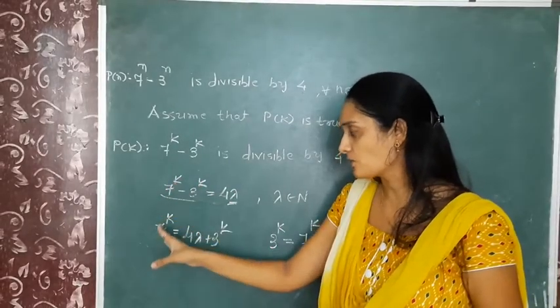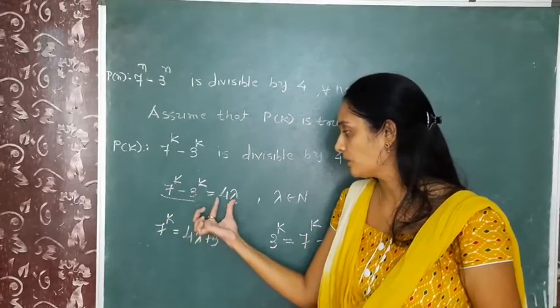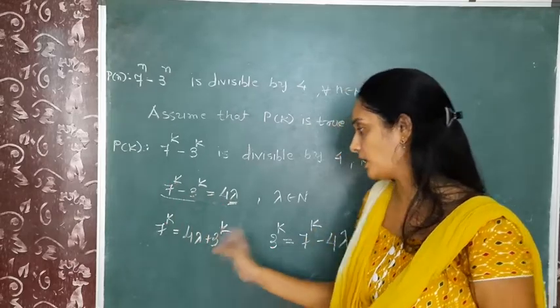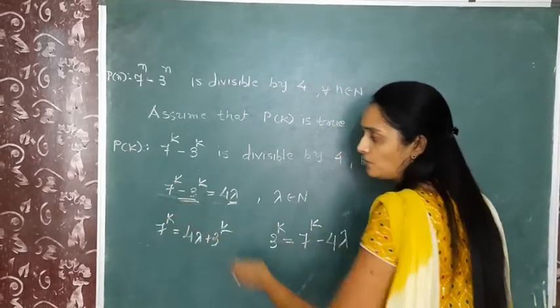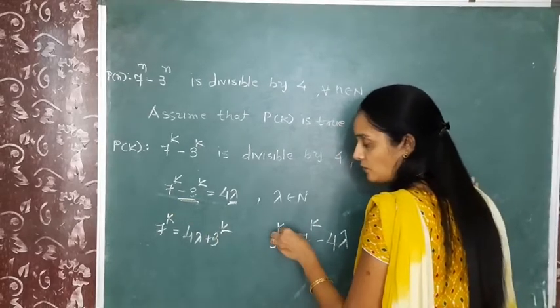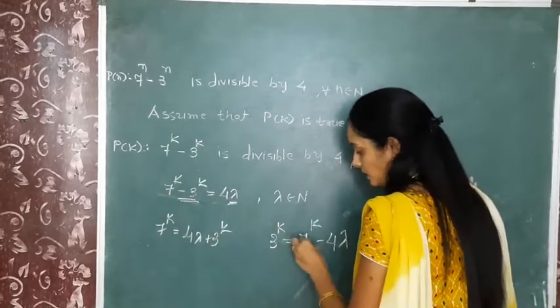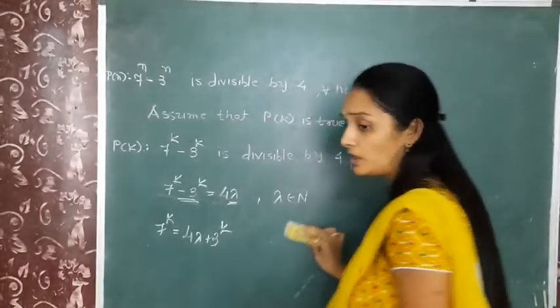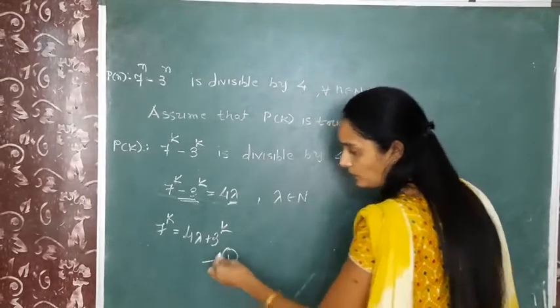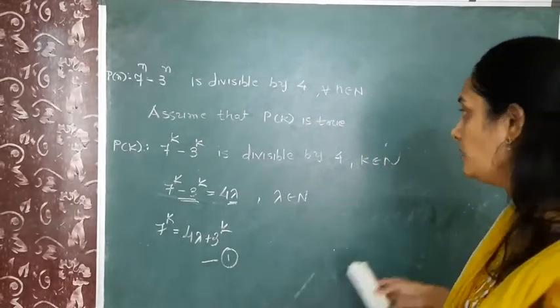If 7 raised to k is the subject, then we have the value 4 lambda plus 3 raised to k. And if we make 3 raised to k the subject, then 3 raised to k is equal to 7 raised to k minus 4 lambda. You can take any one of these. No change in the answer. So call this result number 1.